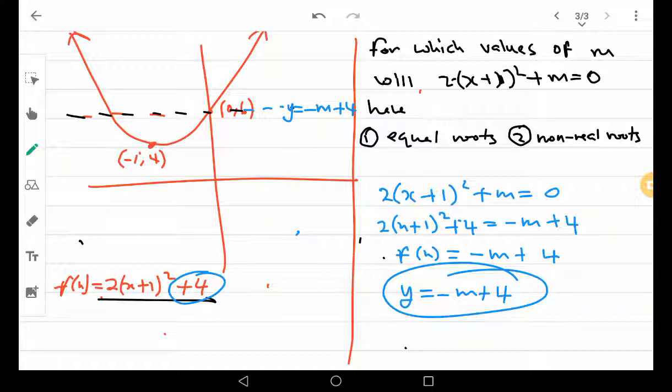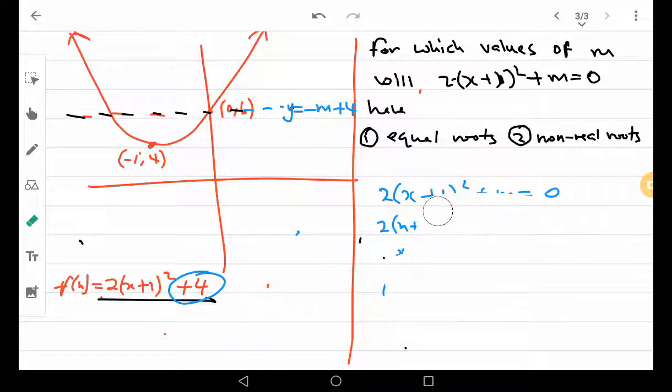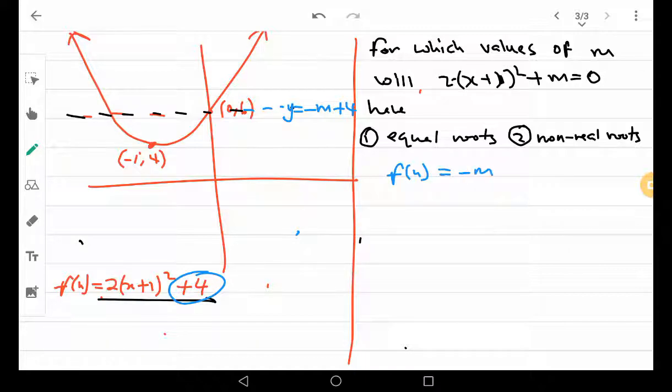Then we can answer those questions, but for which values will this have real roots? We write the equation as f of x is equal to minus m plus 4. But for which will this have equal roots? Equal roots is when it's exactly at the turning point.